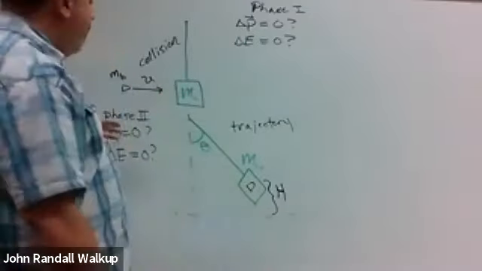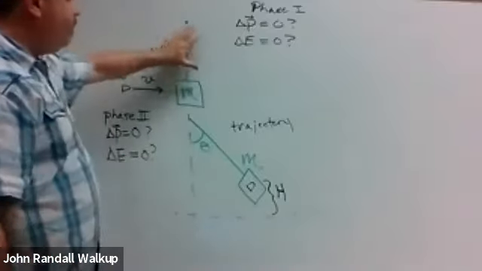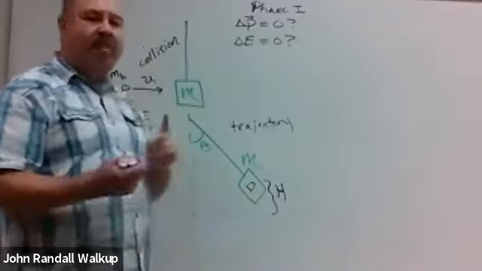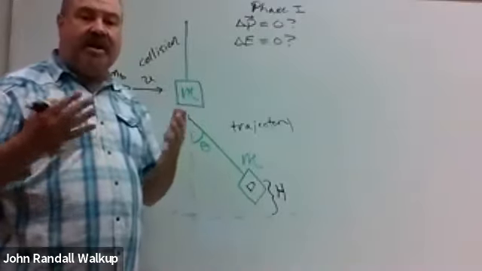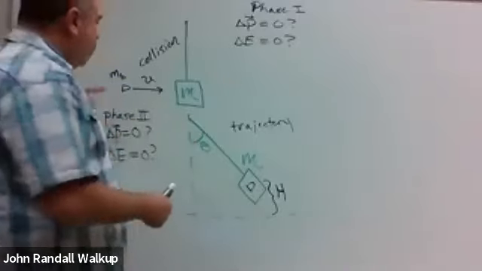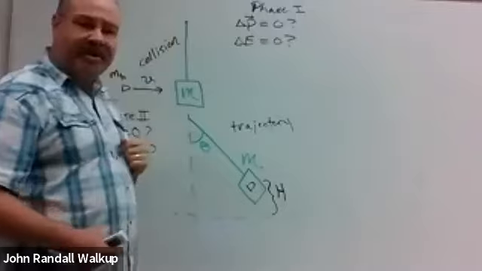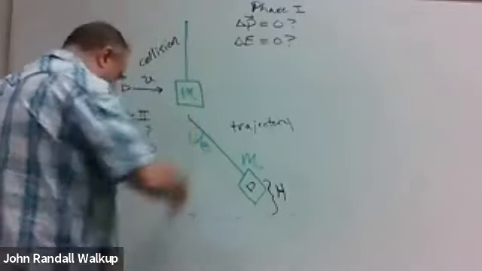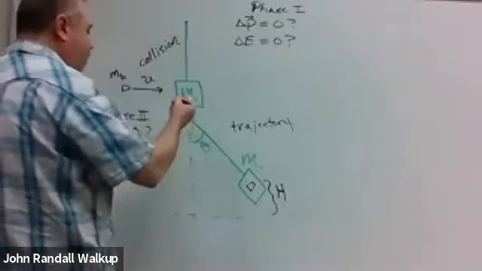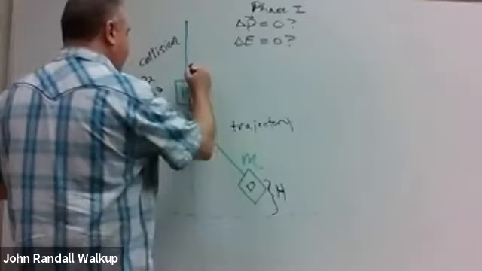Okay. Momentum is conserved. Let's see, phase one is this phase here. Momentum is conserved when there are no net external forces acting on the system. We have a bullet hitting our mass and embedding into it. Okay. What are the forces acting on our system? Well, we have mg, and we have tension.